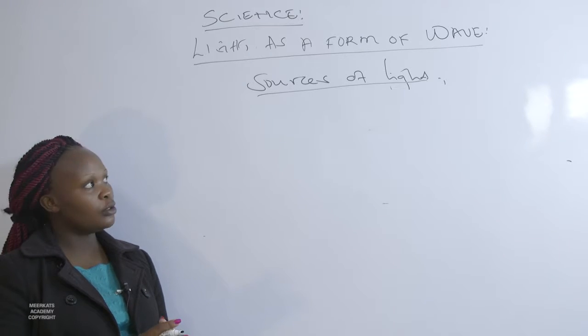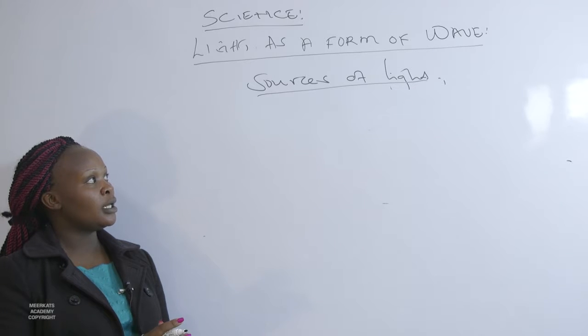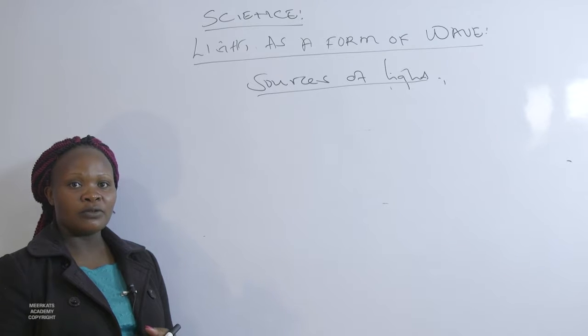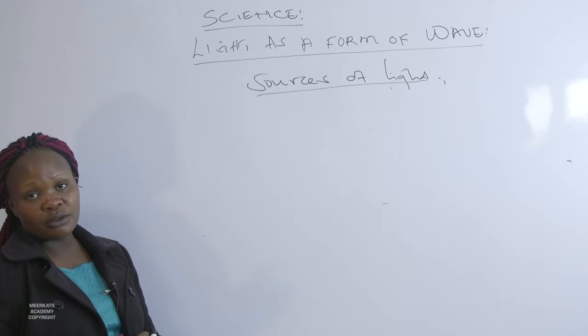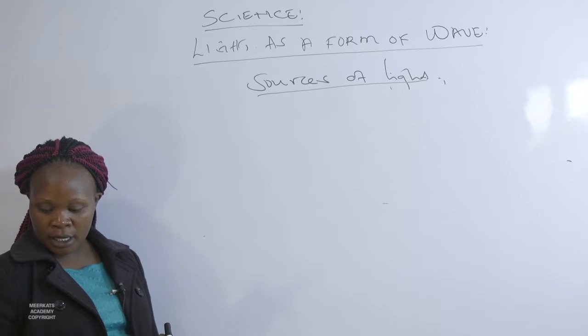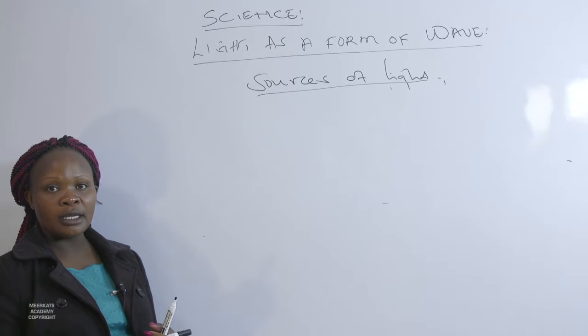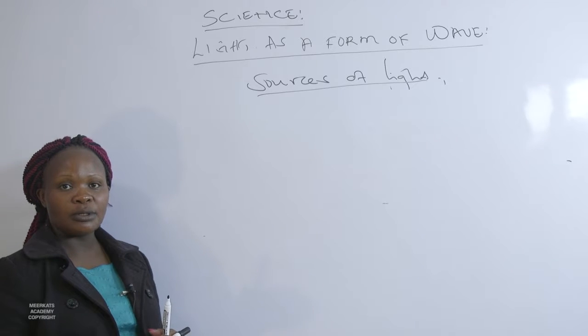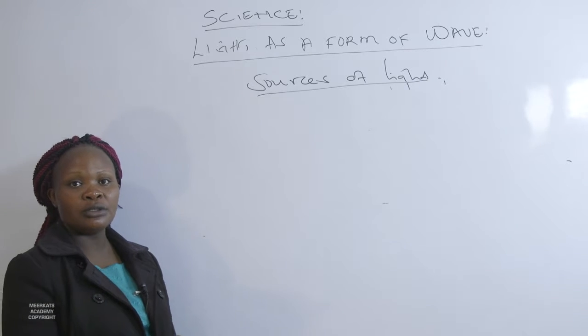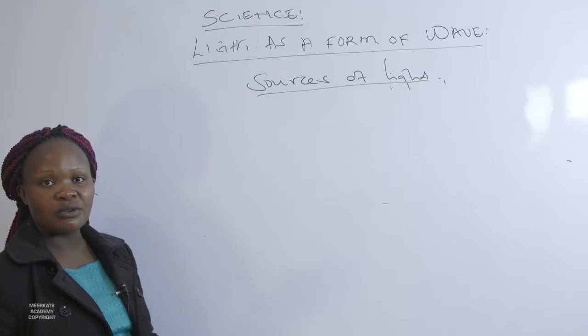Now, one thing you are going to appreciate about light is that we have observed, even from the path of light, that actually light travels in a straight line. Light travels in a straight line, and that is why we represent the path as a straight line with an arrowhead to show us the direction of motion of the wave train.